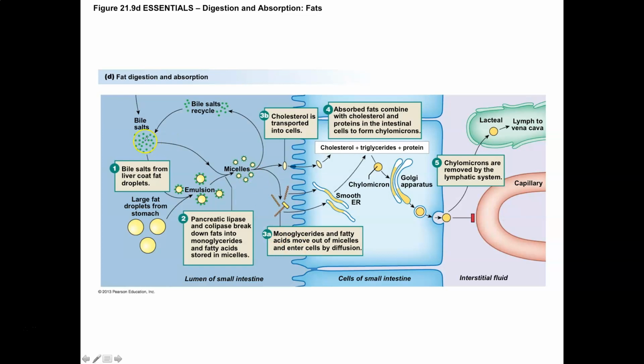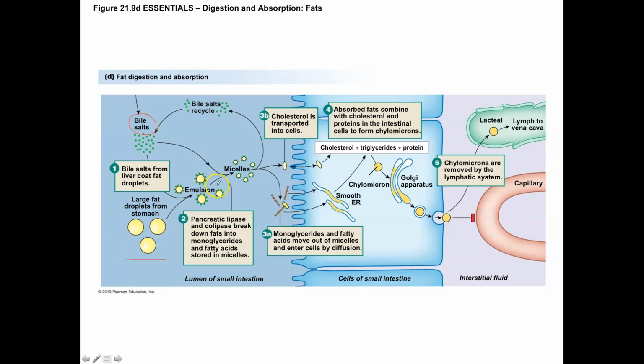So, quick little summary. We have the bile salts that have come down from the gallbladder and have dumped into the small intestine. We have our large fat droplets that have come from the food material that we have consumed, and it's gone through our stomach, and it's mixed in the chyme, and it's entering into the small intestine.